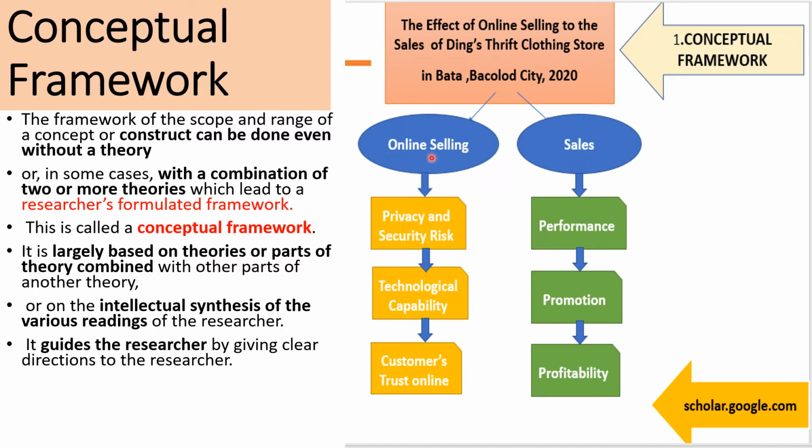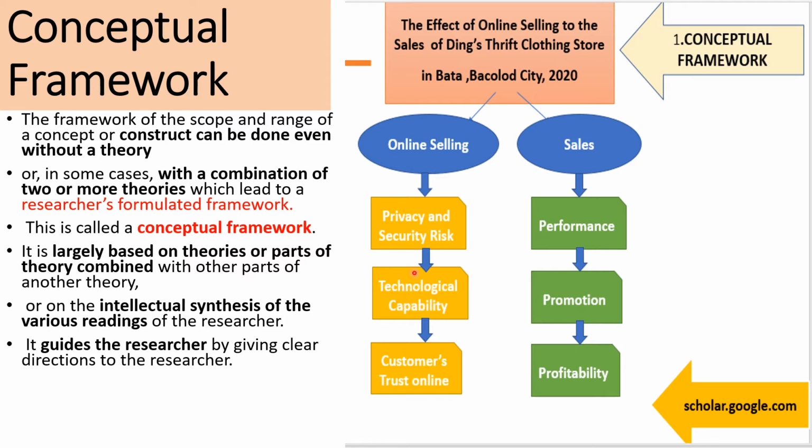So under online selling, I have decided and I have chosen these three subtopics: online selling. I'm thinking about the privacy and security risks, yes, in online selling, and technological capability of my company. How can my company be competitive in terms of technology?